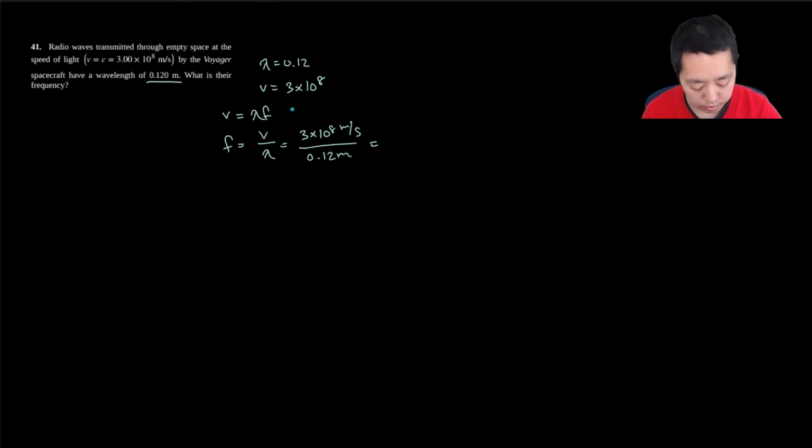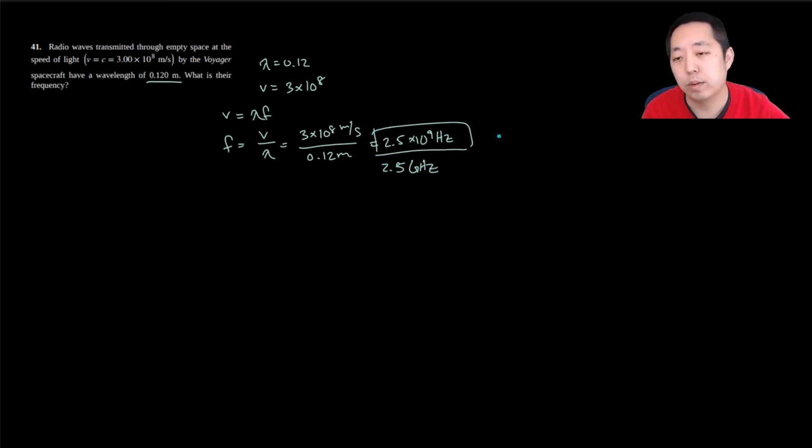And that gives me, in hertz, 2.5 times 10 to the 9 hertz. And if you don't know, this is 2.5 gigahertz, which is around what your microwave operates at.